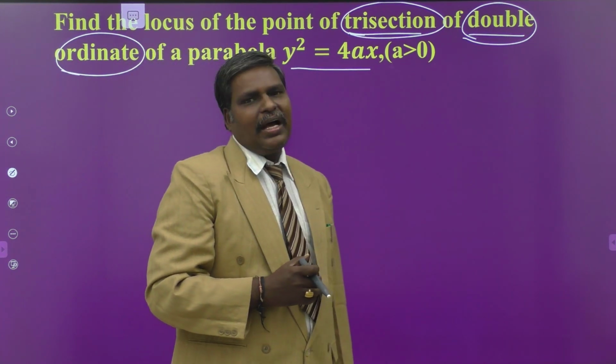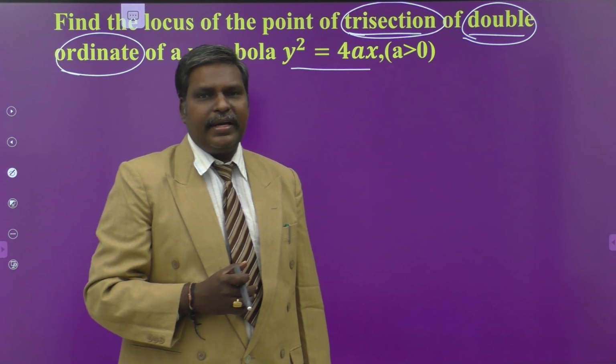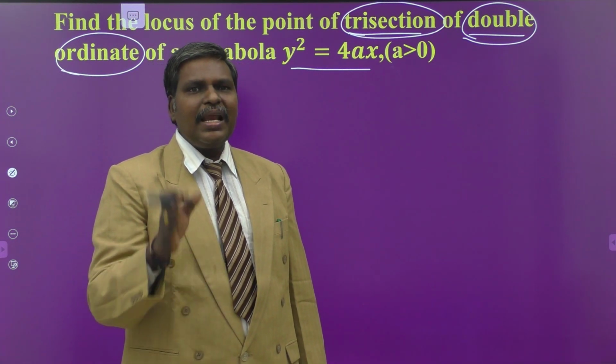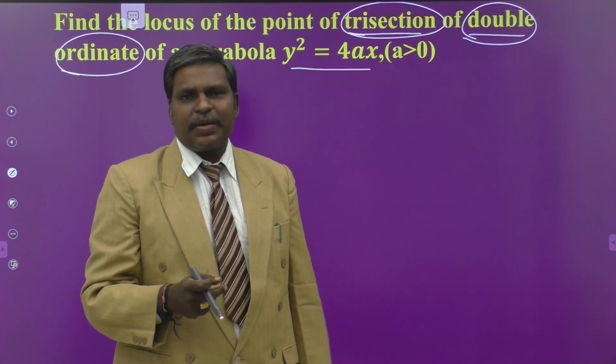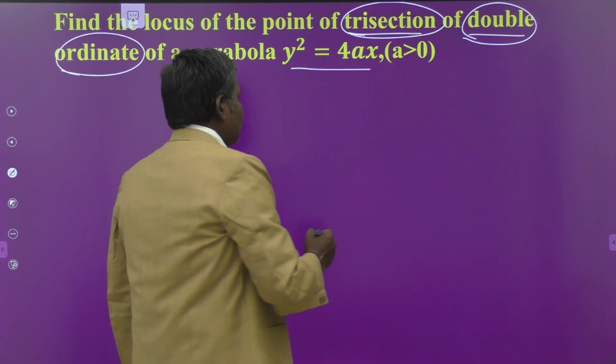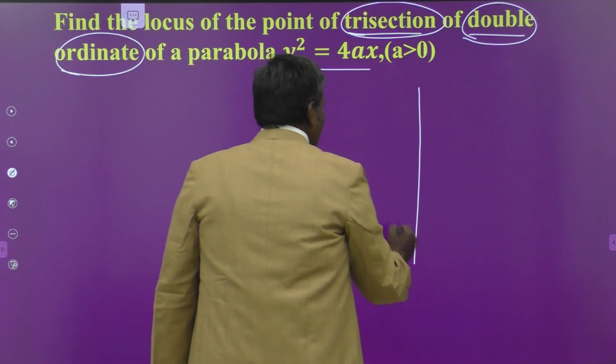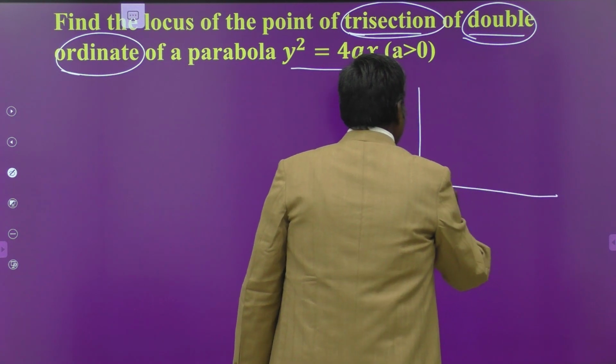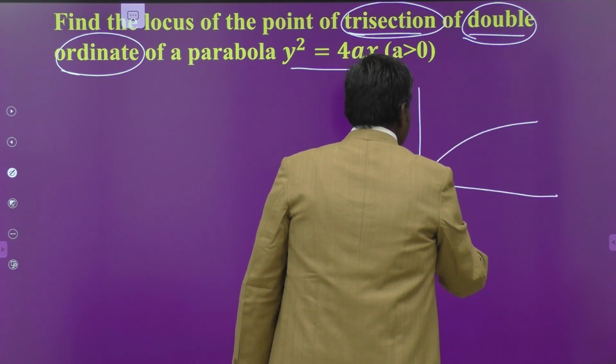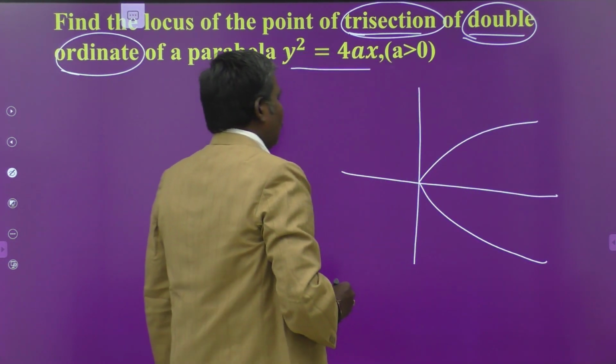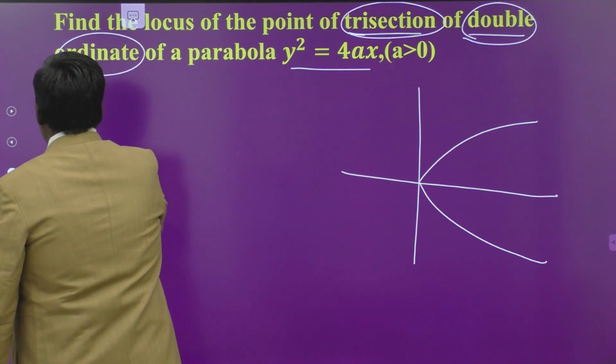Therefore, you can draw infinite number of double ordinates through the parabola. You draw a line which is just perpendicular to the axis, that becomes a double ordinate. So y square is equal to 4ax is the parabola like this. This is the parabola. You can draw infinite number of double ordinates.